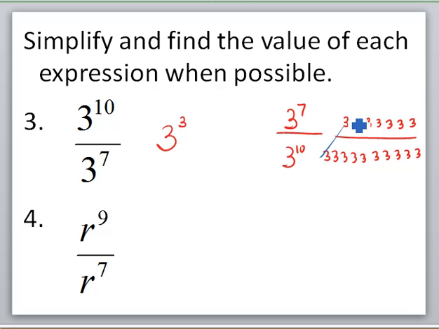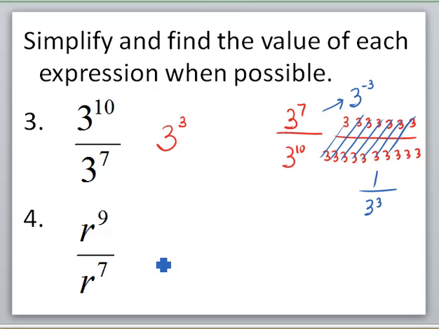And when I start canceling these, the leftover 3s are on the bottom, so I would have to have the answer of 1 over 3 to the 3rd. So I caution using the rule of subtraction because we have to remember that we could end up with a negative exponent. And that's what happens. 7 minus 10 gives me 3 to the negative 3rd, and that's why they end up on the bottom.